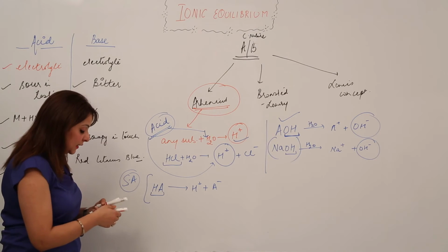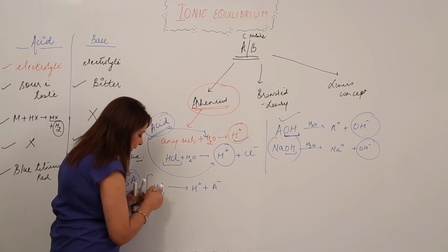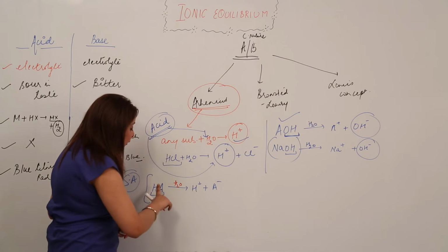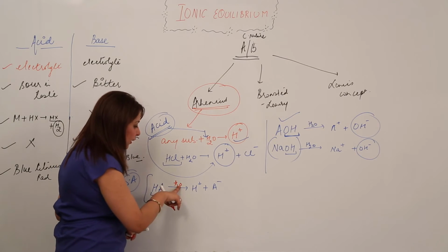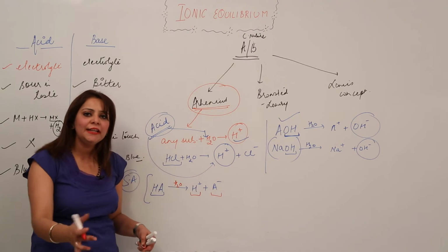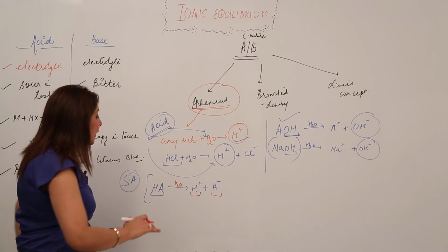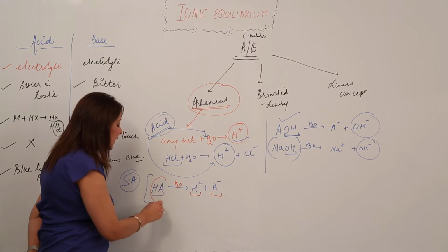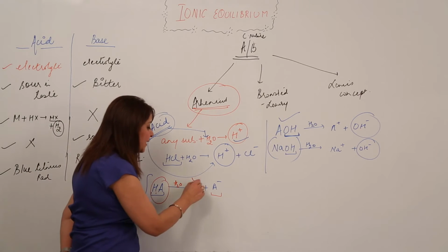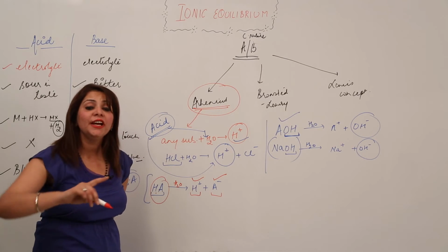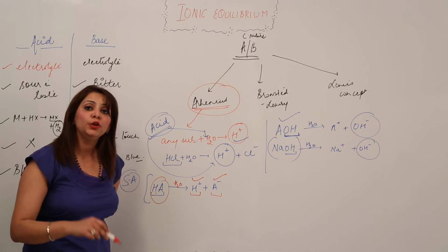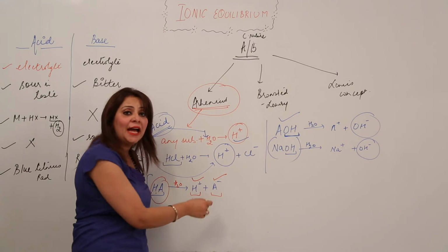I took this acid and dissolved it in water, that is the important factor. When I dissolve this acid in water, we get the hydrogen ion and the other part present along with it. If we add HA into water and get only H and A, that means we are not getting the HA molecule in the water. All the HA molecules got dissociated into H positive and A negative.